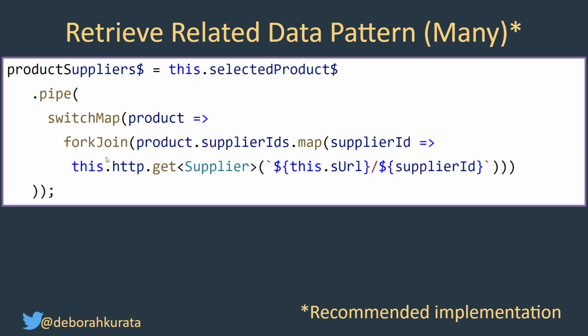So what this is doing is it's taking our supplier IDs, it's mapping them all, it's automatically subscribing to our inner observables, and it's joining those all together into an array for us. And it still then results in productSuppliers$ being an array of product suppliers.